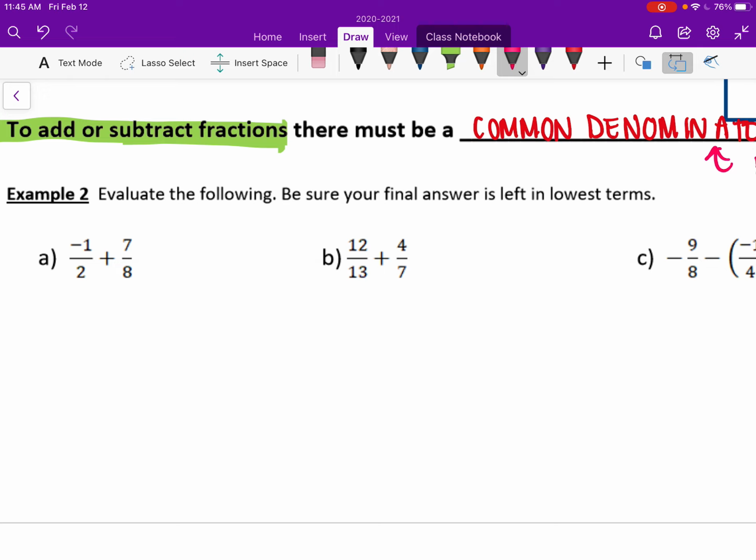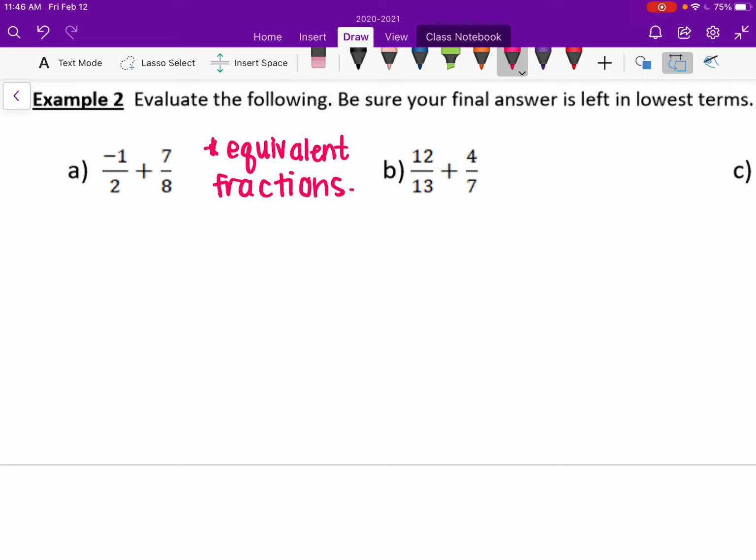So we're looking for a common denominator. That means our number here at the bottom needs to be the same. So we're going to make these into something we call equivalent fractions. Let's put this over the same number.